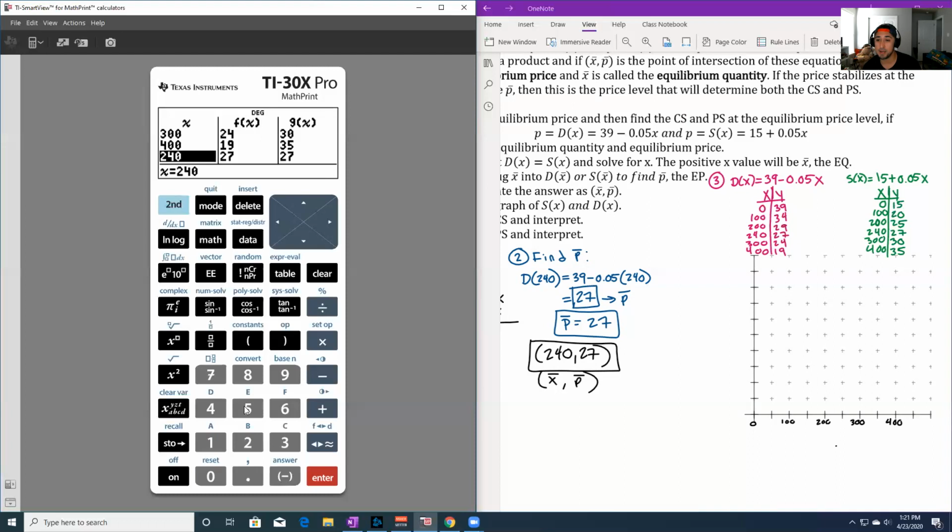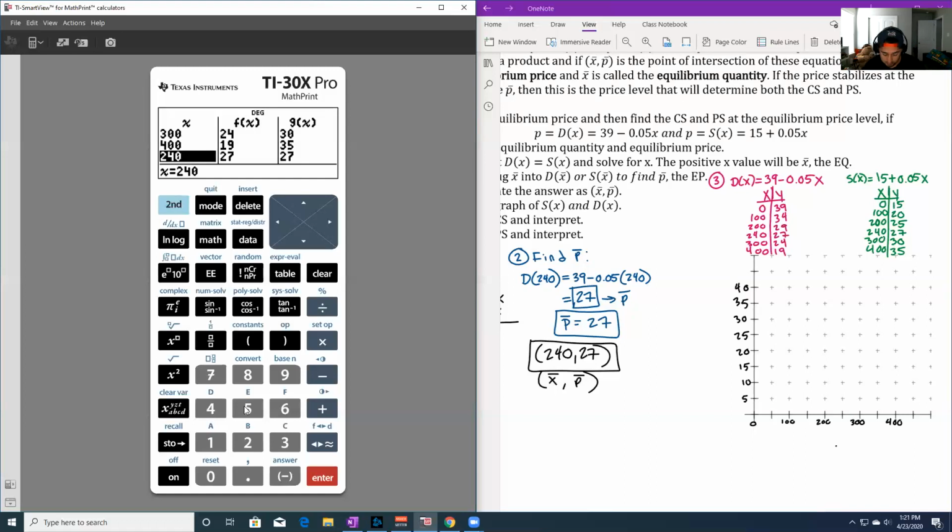Let's just go by 5s. The highest is 39. That's fine. We can't skip around, right? So this will be 5, 10, 15, 20, 25, 30, 35, 40.